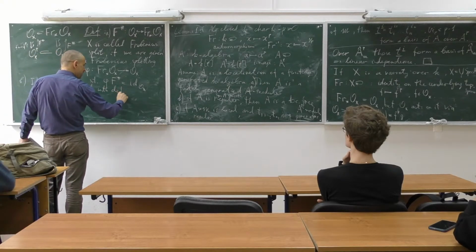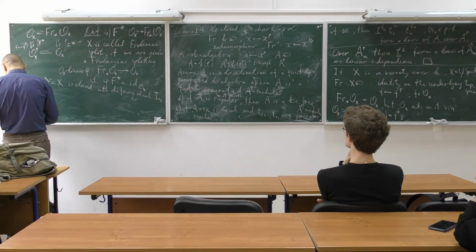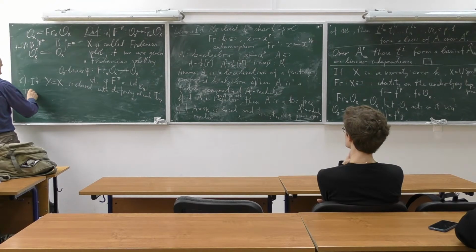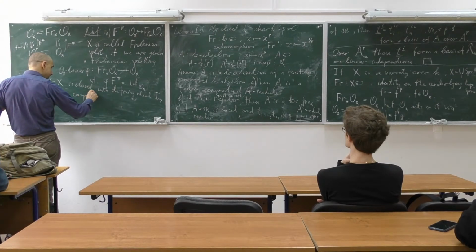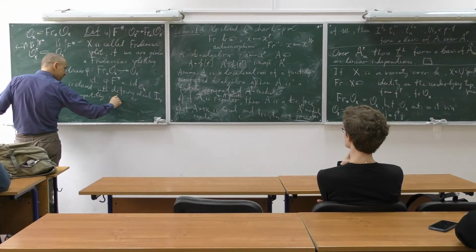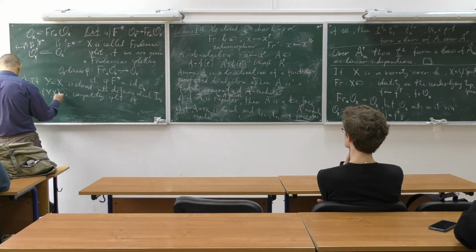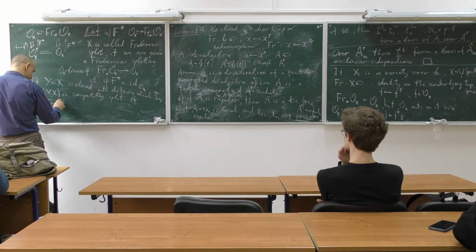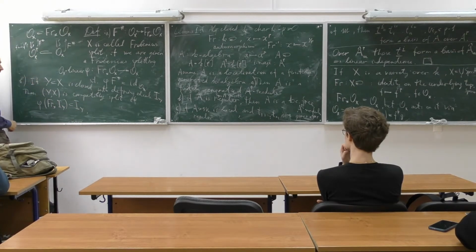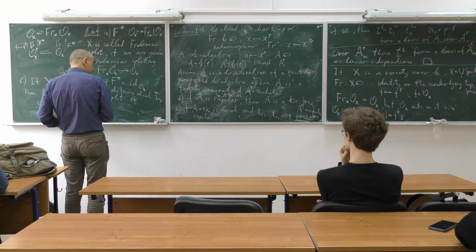Okay, so if Y is a closed subvariety with defining ideal IY, then the pair Y in X is compatibly split if the splitting of X preserves the defining ideal of Y. Okay.